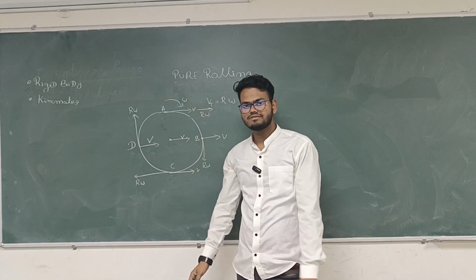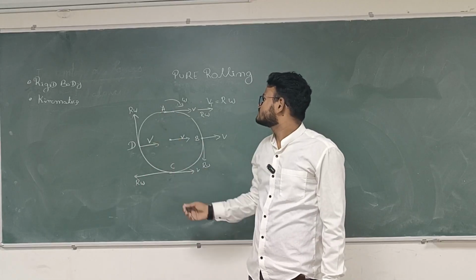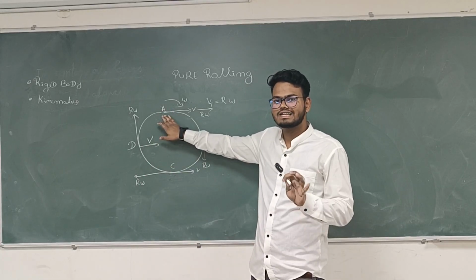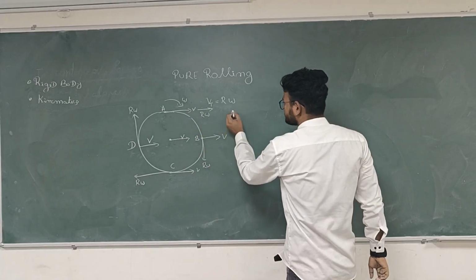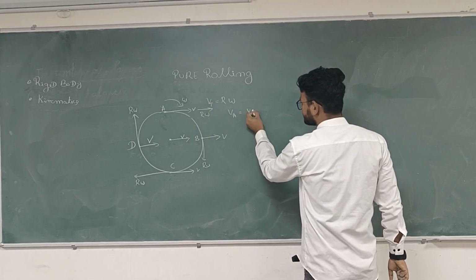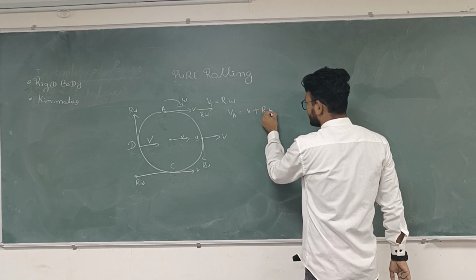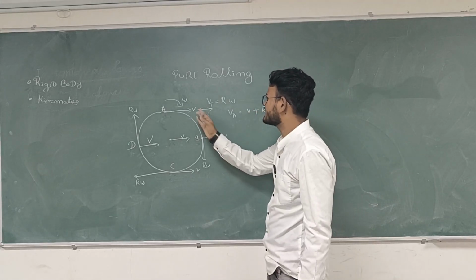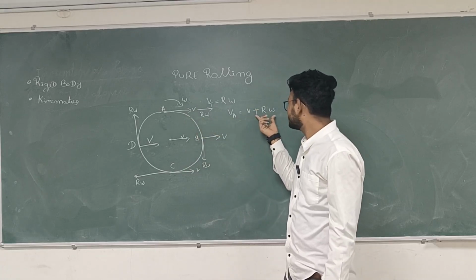Now our target is to find the net velocity. The net velocity at A we can write as v plus r omega, because both are in the same direction, so we can directly add them.